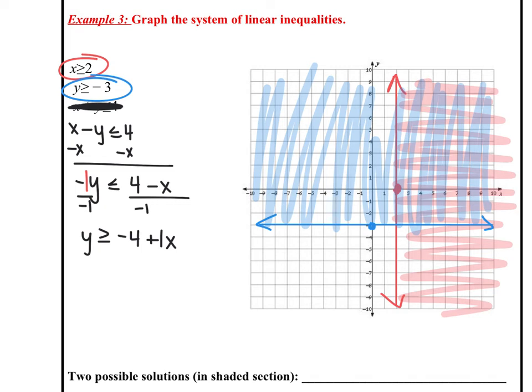Okay, so let's graph that line. And it should also be a solid line because it's or equal to.